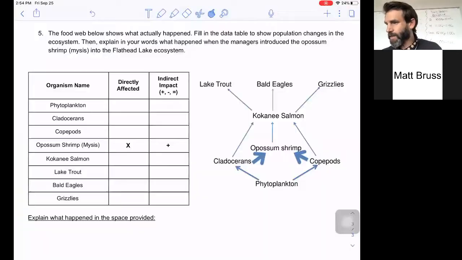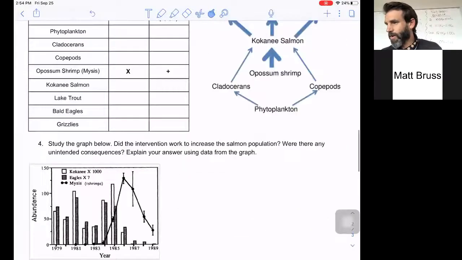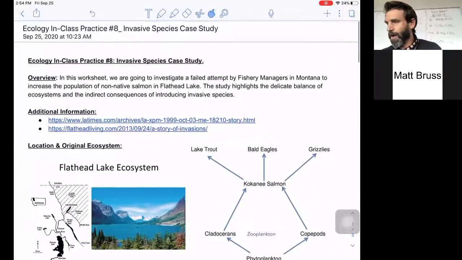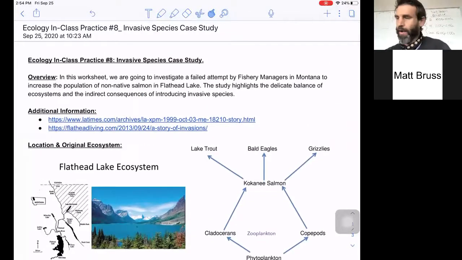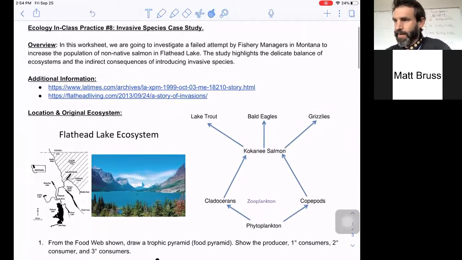Today's work was a real life case study about Flathead Lake in Montana. Flathead Lake is here in northwestern Montana. It's a gorgeous lake with a pretty robust ecosystem, or had a very robust ecosystem.